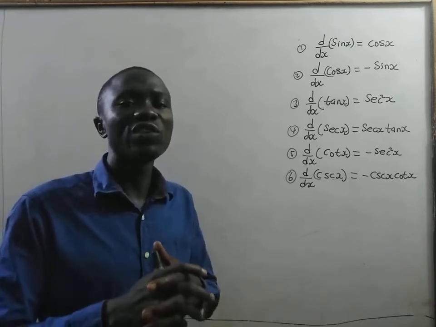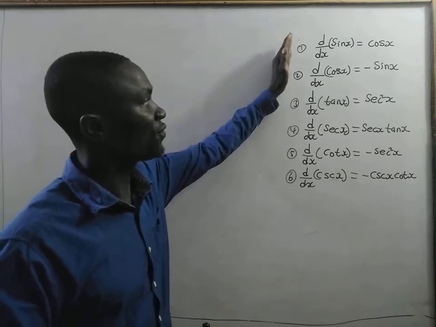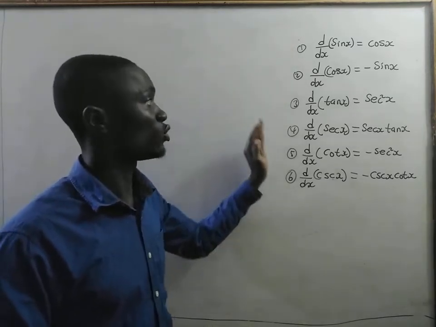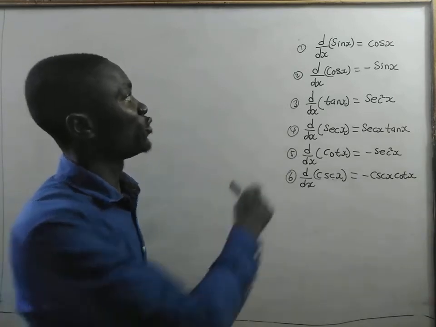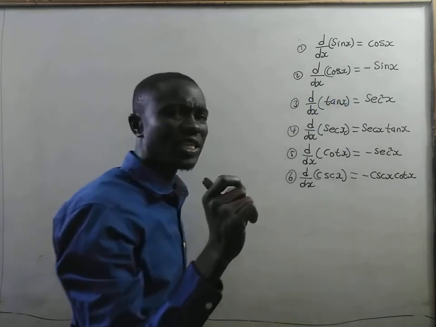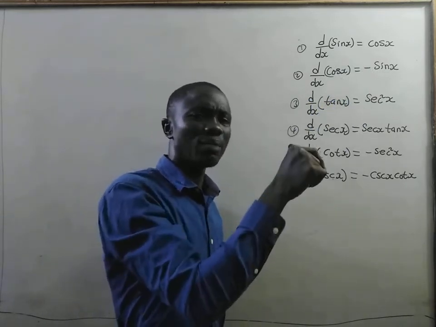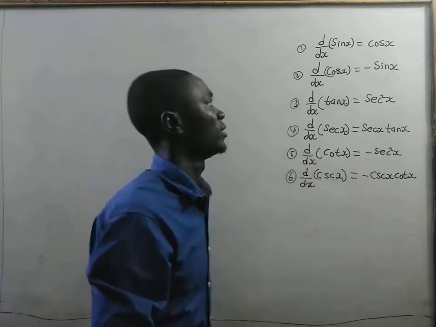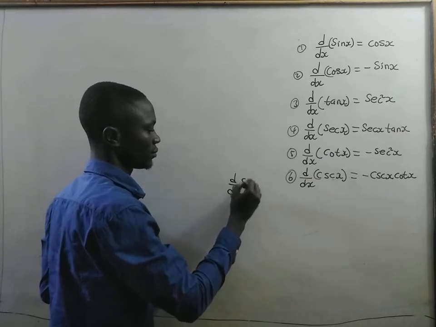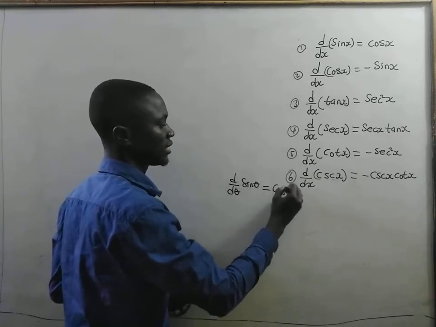Now, since you are going to differentiate trigonometric functions, we have the first 6 trig functions here. If we differentiate sine x, you get cosine of x. If we differentiate sine of an angle, you get cosine of the same angle. So if I differentiate, let's say, sine theta, the answer is cosine theta.